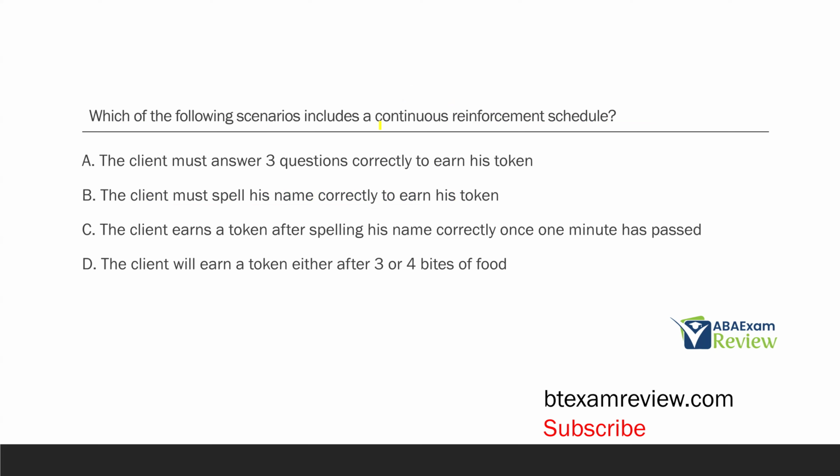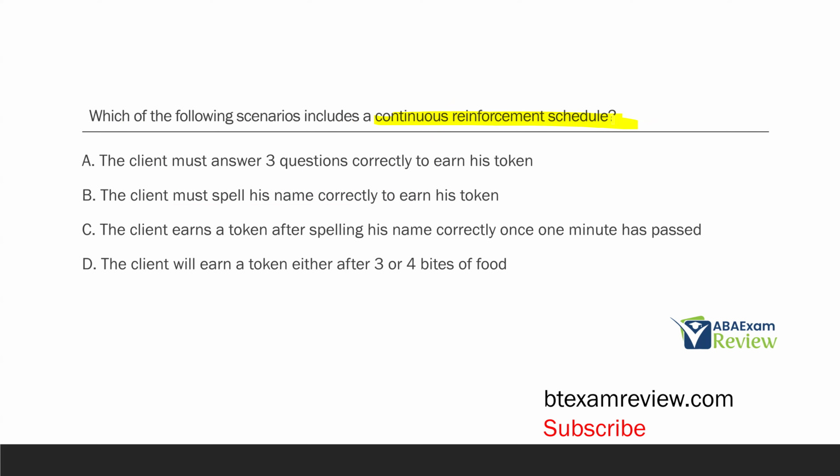Which of the following scenarios includes a continuous reinforcement schedule? So when we talk about basic reinforcement schedules, we have continuous schedules and we have intermittent schedules. A continuous schedule is an FR1. It's a fixed ratio 1. Every response is reinforced.